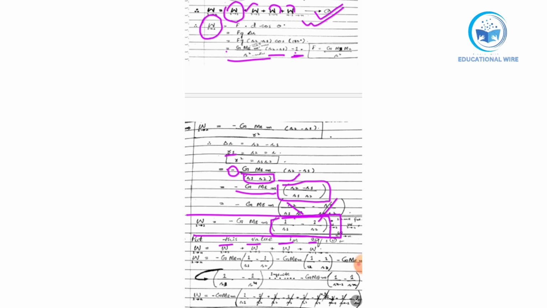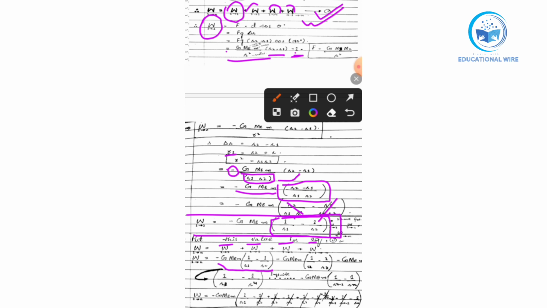So we put the work from 1 to 2 in terms of r1 r2, then 2 to 3 in terms of r2 r3, then 3 to 4 with r3 r4. All remain the same, just their radii change, up to the last point, which will be r n minus 1 and r n.